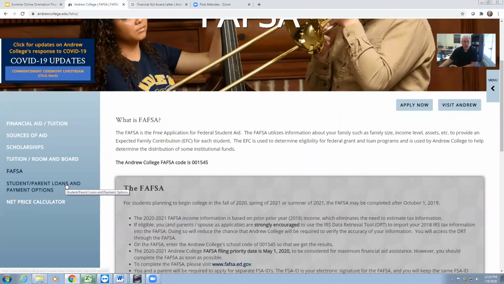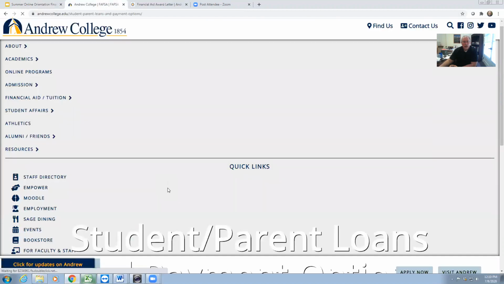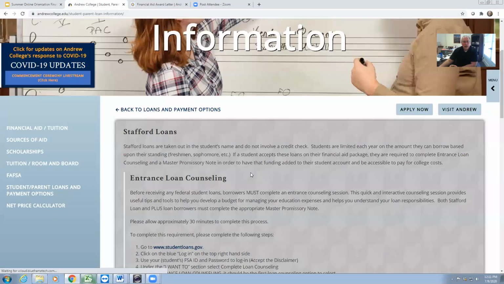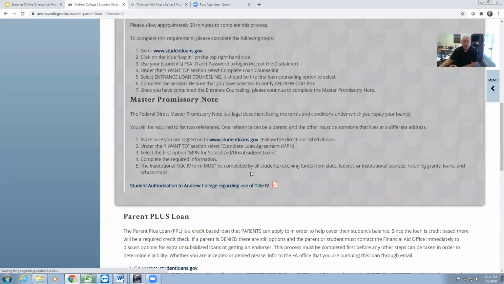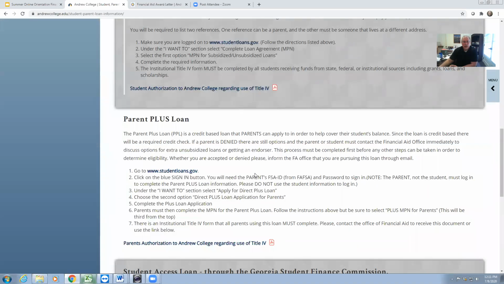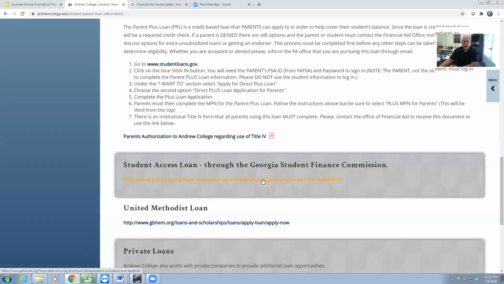Again, if you go to the Andrew College website, under the financial aid section, student parent loans and payment options, this talks again a little bit more about student parent loans. We look at the Stafford loan, how to do the interest loan counseling, how to do master promissory note, federal PLUS loan, student access loan.